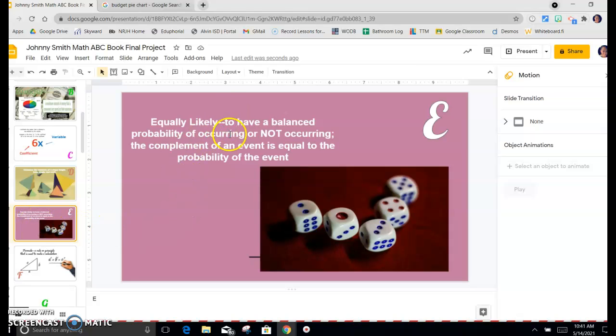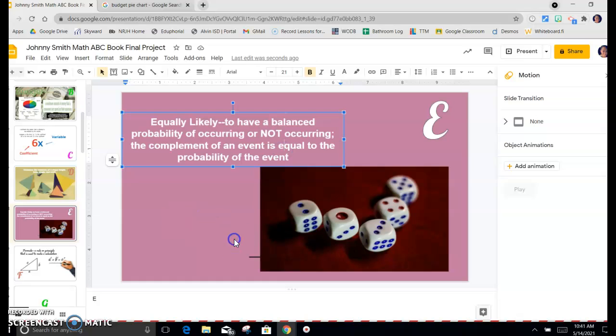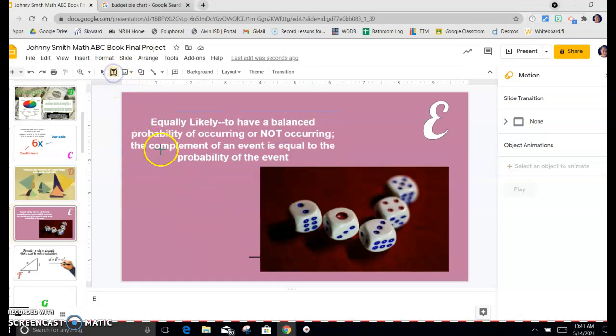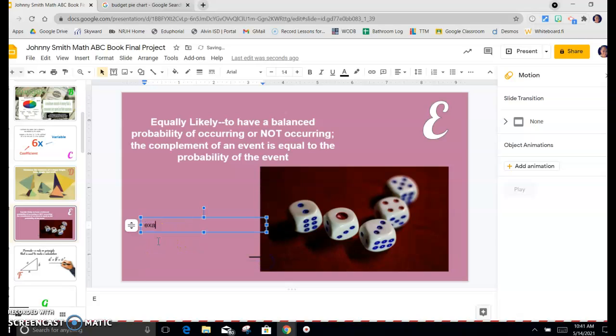Equally likely, the example here is that each probability is shown once. There's a 1, 2, 3, 4, 5, and then quite a few 6s on display. And then I need to add another example. There is equal chance of flipping.